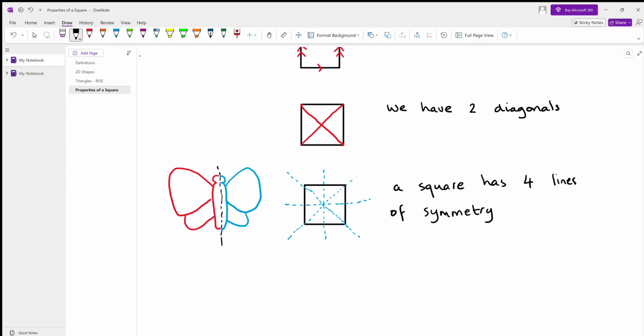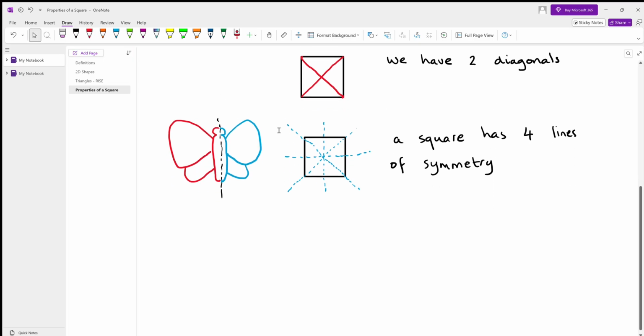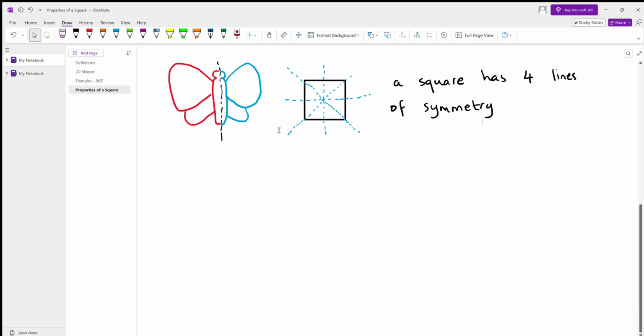Right, can I do rotational symmetry on here? Let me give it a go. If not, then I'll try to find something which shows one more property called rotational symmetry. Right, can I get another shape? Shall we change the colour on that?